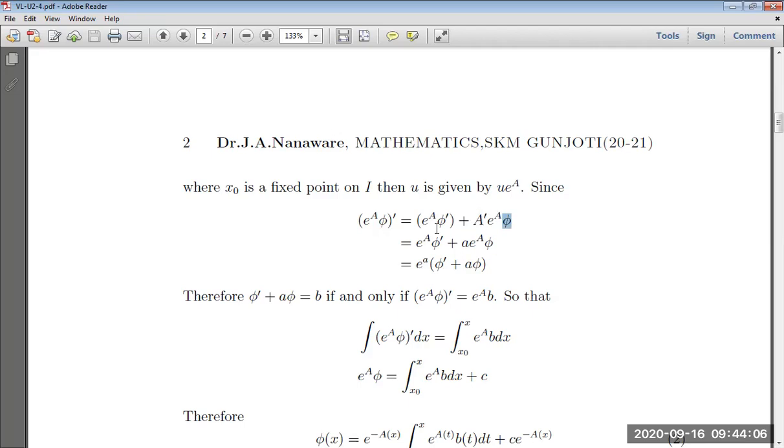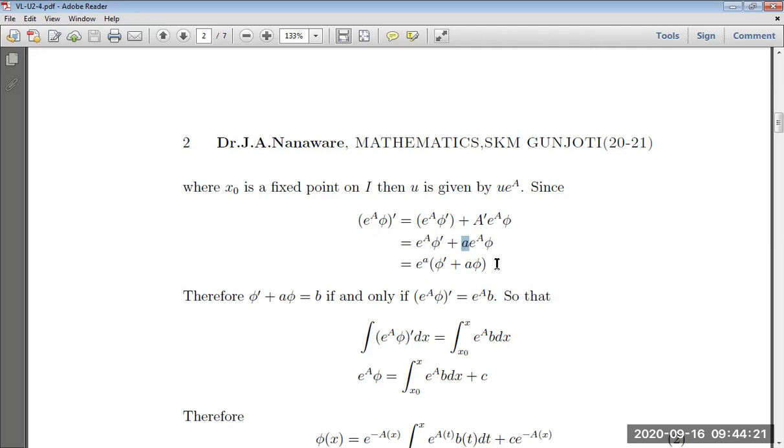So you just simplify further, you will see that this is e to the power A phi dash plus a into e to the power A phi, because here the derivative of capital A function is small a.